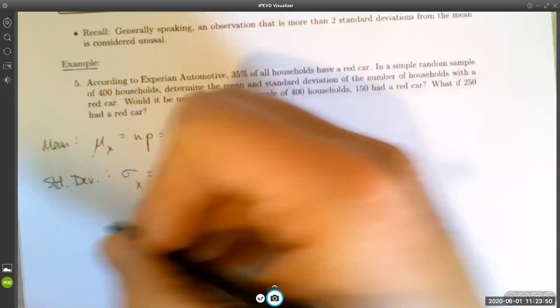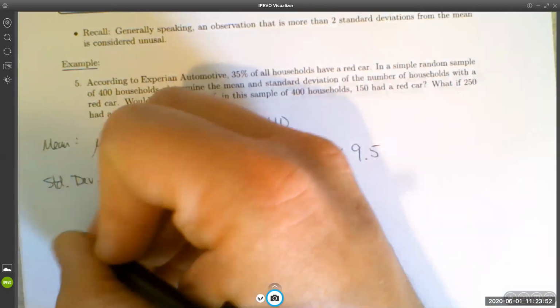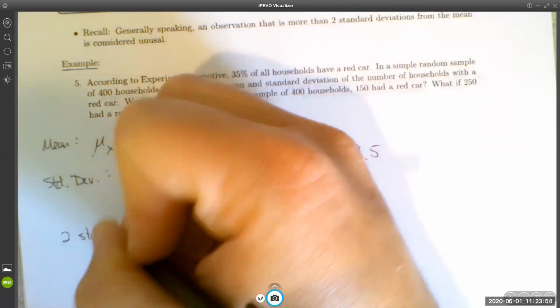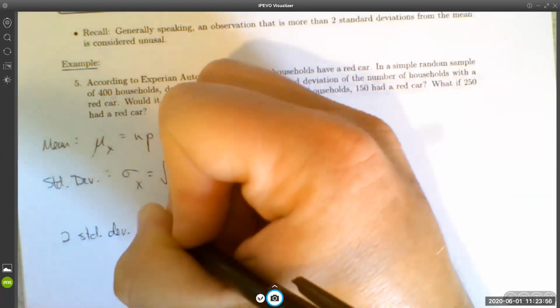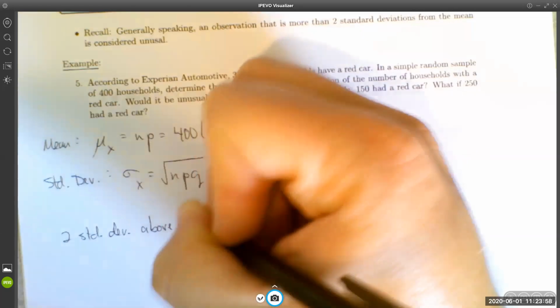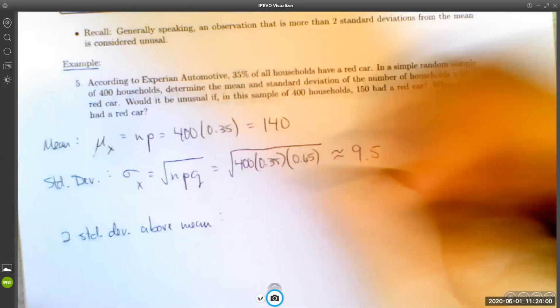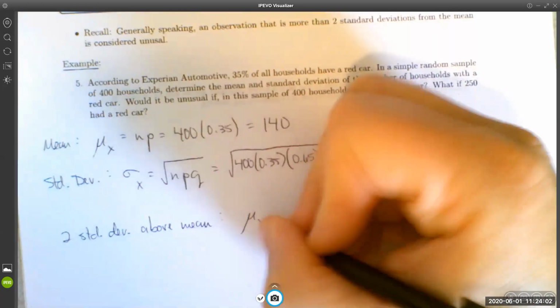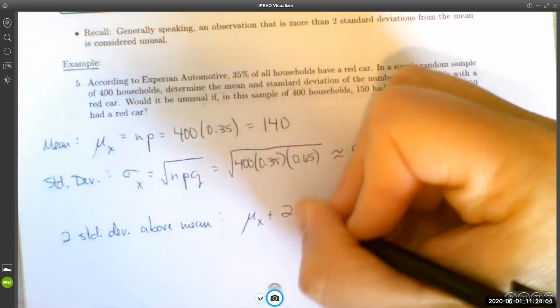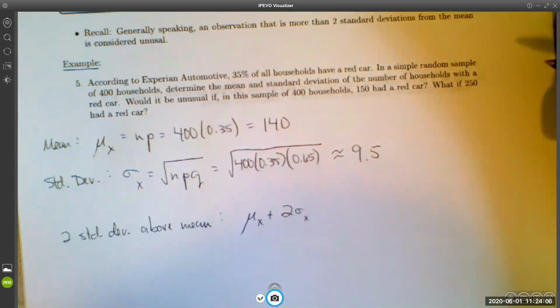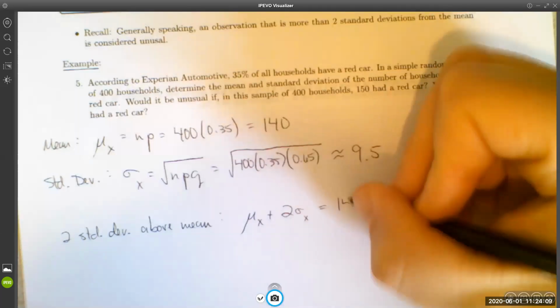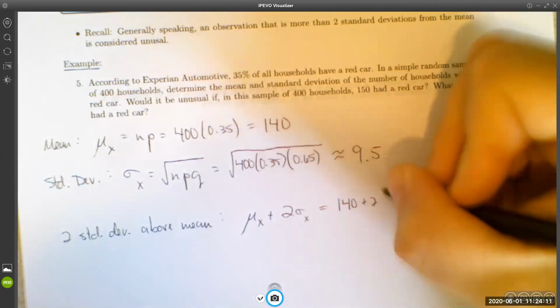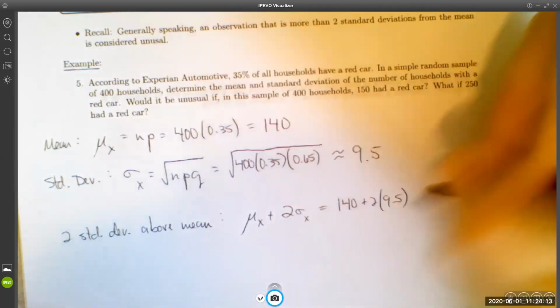So if you're 2 standard deviations above the mean, that would be mu plus 2 sigma. Well, mu is 140 and sigma is 9.5.